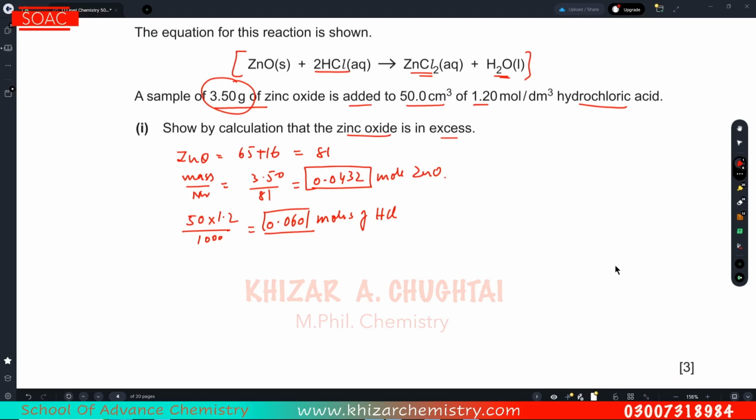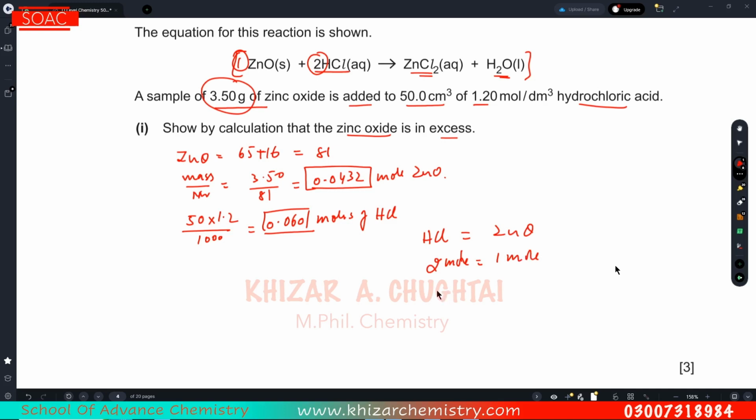The next one is, from the balanced chemical equation, you can see that HCl versus ZnO, 2 mole of HCl is equal to 1 mole of ZnO.